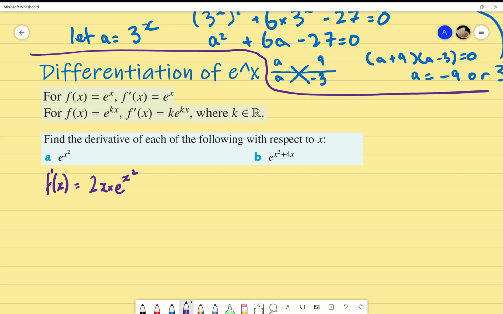So I'm going to say, all right, x squared plus 4x, what's the derivative of that? 2x plus 4. Easy. So f dash x equals 2x plus 4 multiplied by our original equation, e to the power of x squared plus 4x. That's it for revision. I'm going to pause the recording.